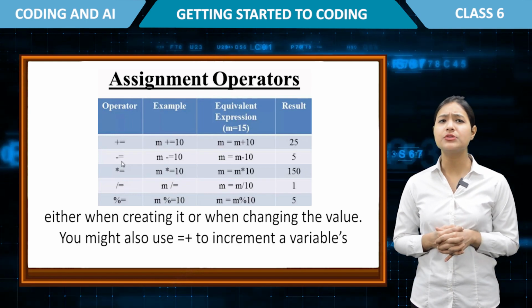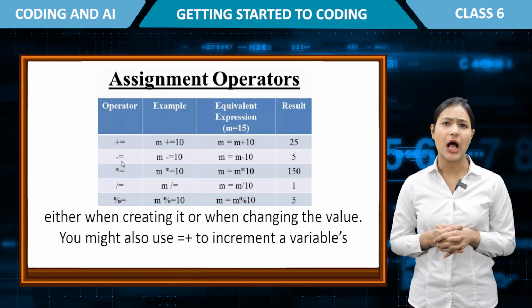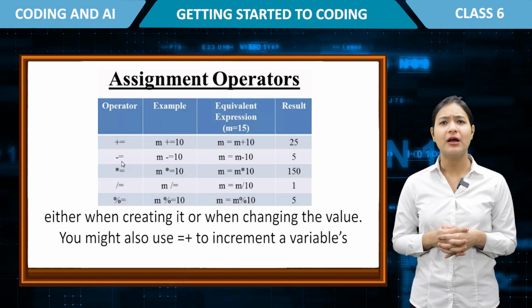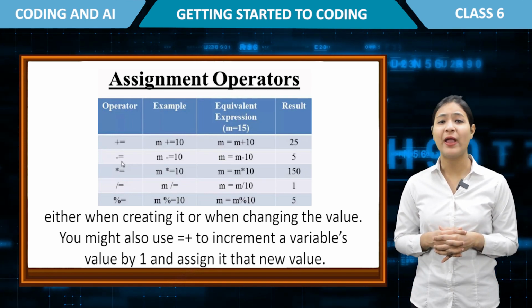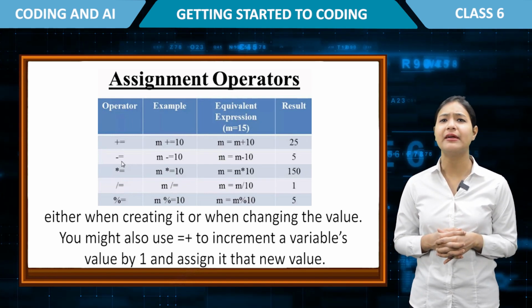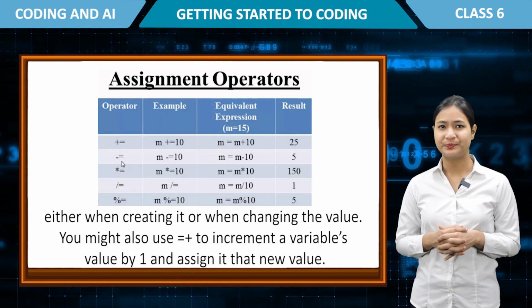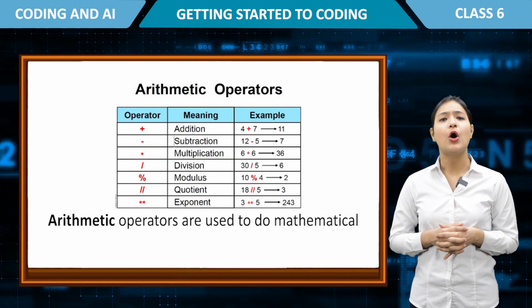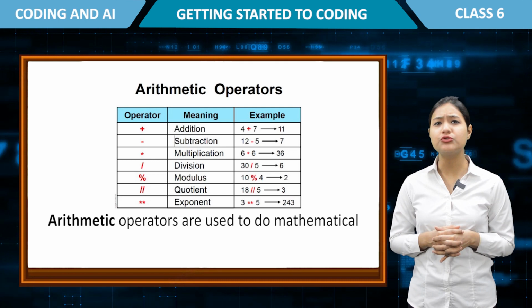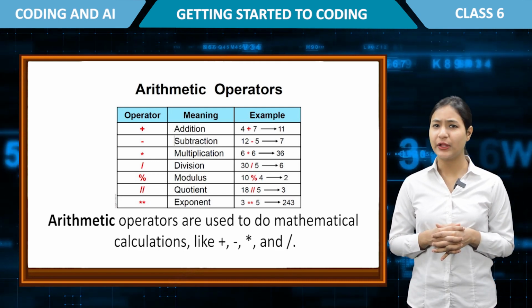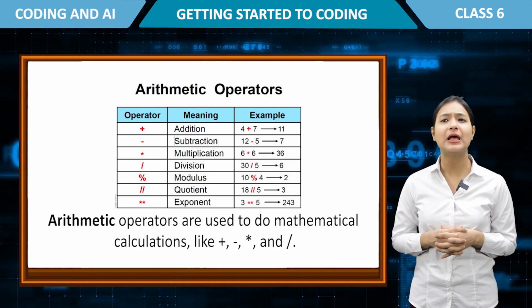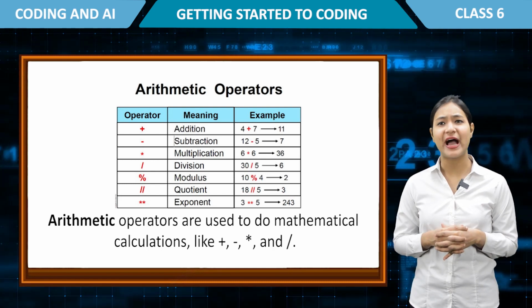You might also use plus-equals to increment a variable's value by 1 and assign it that new value. Arithmetic operators are used to do mathematical calculations like plus, minus, divide.